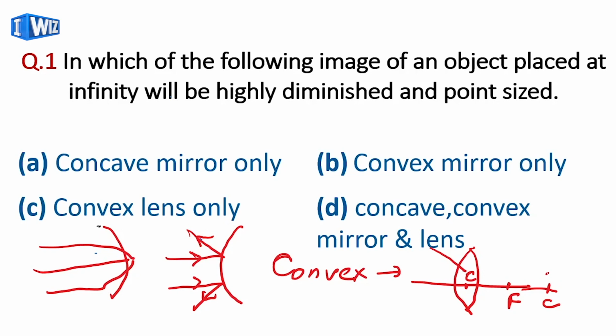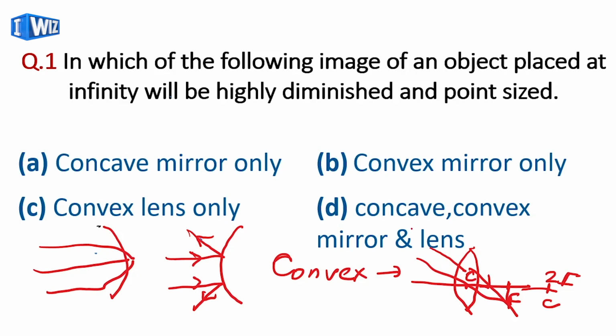The center of curvature is twice the focus. A ray of light passing through the optical center goes straight and does not come back. The next ray is also coming from infinity, so the image will be formed here, highly reduced in size. The image is formed at the focus.